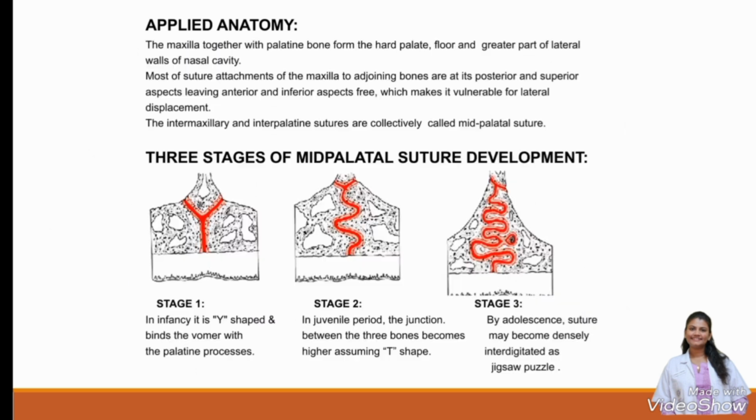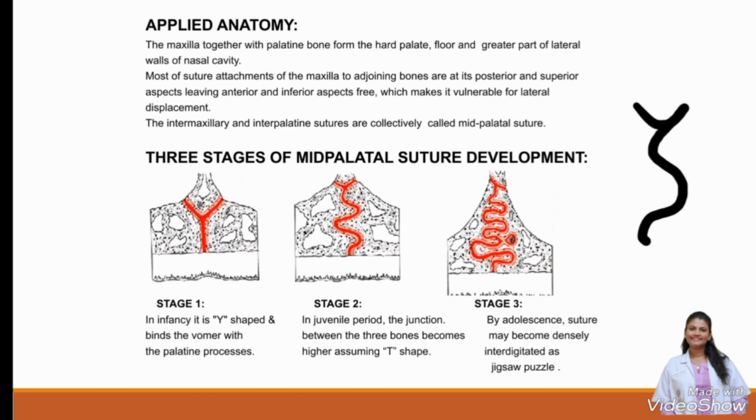Three stages of mid-palatal suture development. First stage, infancy stage, in which there is Y-shaped suture present, where the vomer binds with palatine processes, and it gives a Y-shaped configuration if it is viewed in coronal section. Stage 2, the juvenile stage.